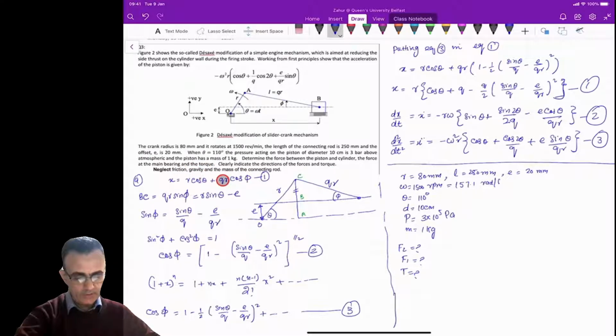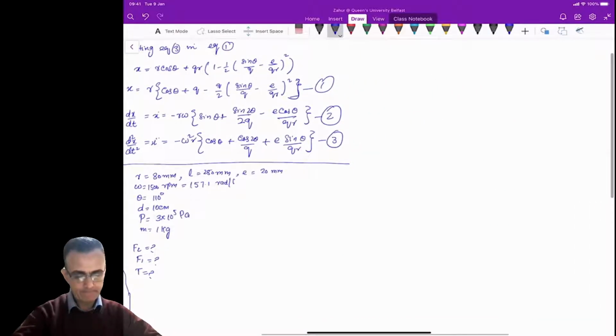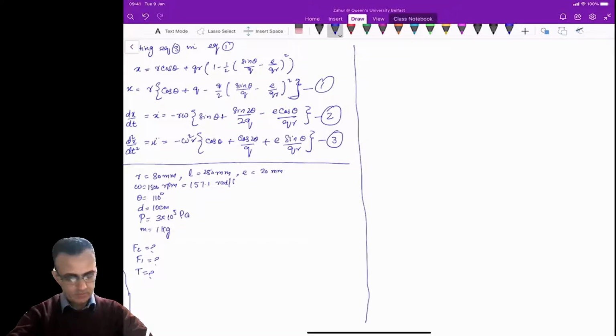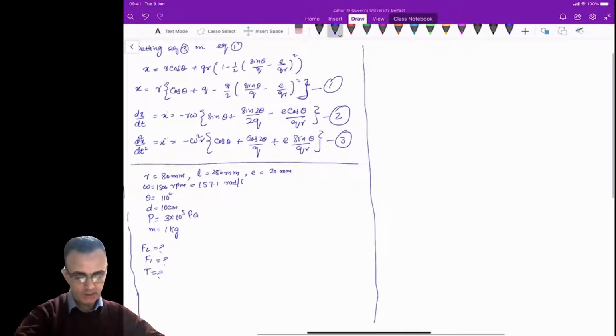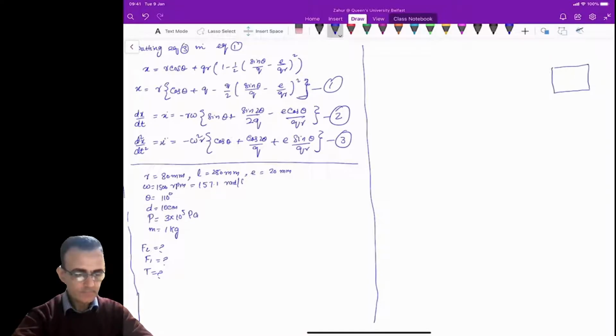And then you neglect all these quantities here. Okay, so now what we're gonna do here, we will just consider the piston first. On the piston, as you can see here, we have this force of the connecting rod, which we call F1, and we have another force, which is F2.